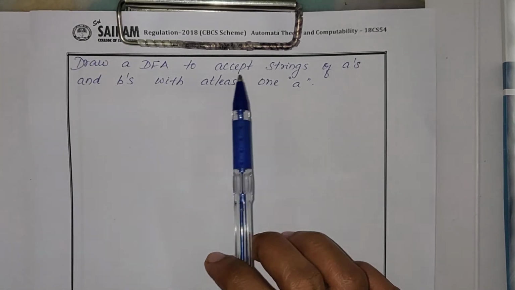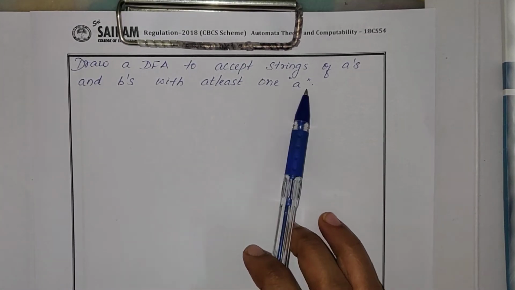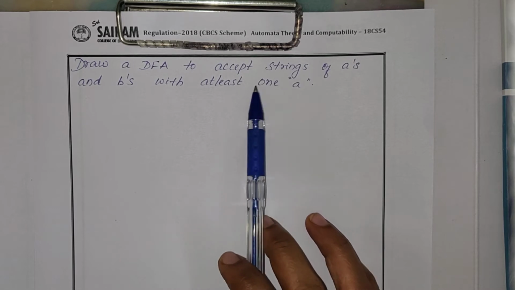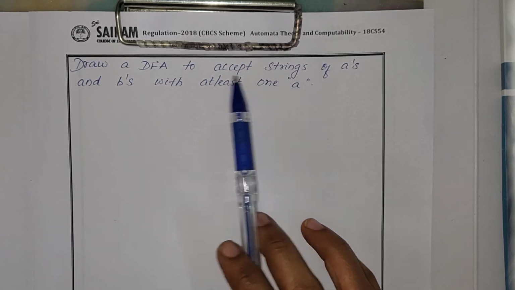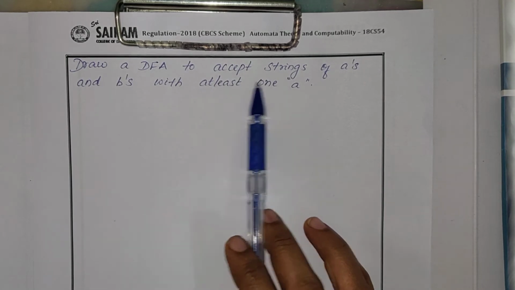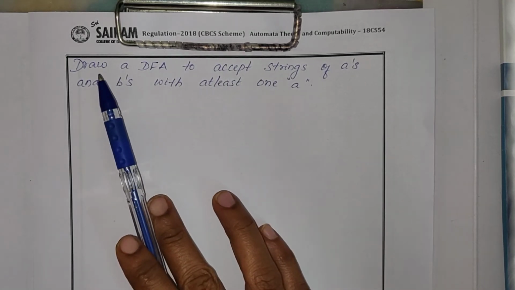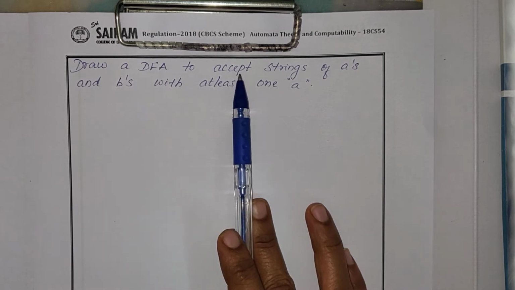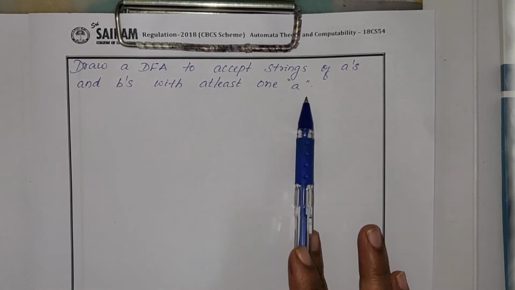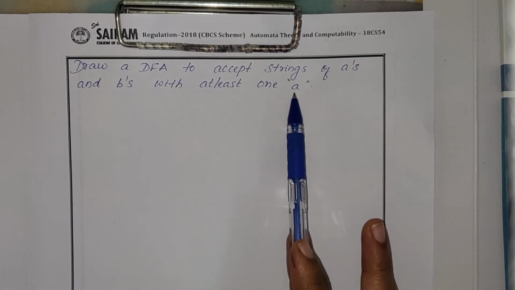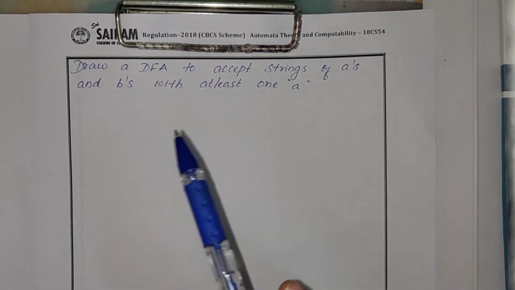Read the question. If you have a pattern in the question, this belongs to pattern recognition problems. The question is: draw a DFA to accept strings of A's and B's with at least one A. There is a pattern, so it belongs to the pattern recognition method.